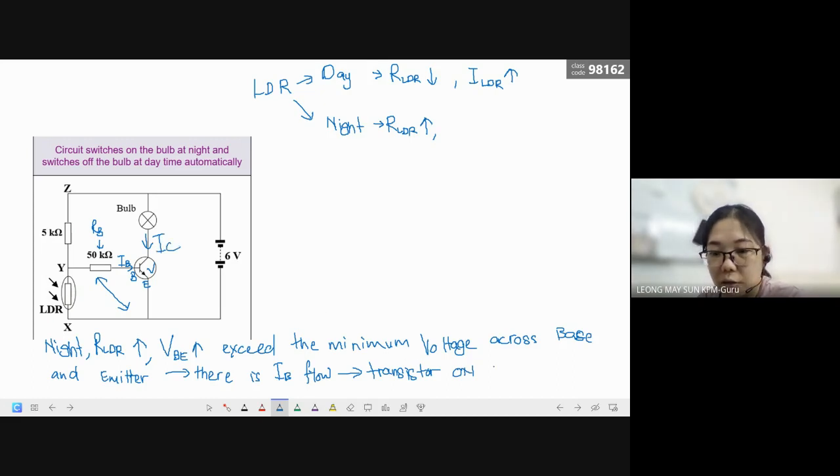Transistor on, IC, the collector's current is also flowing. So because the collector's current is flowing, therefore the light bulb is on. This is nighttime.